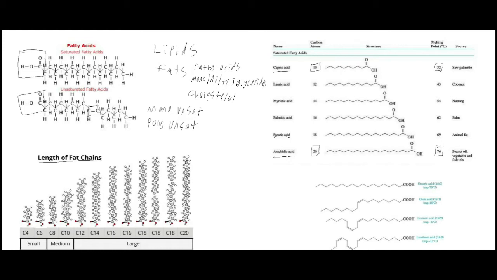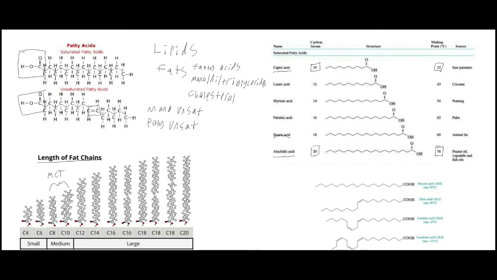When you get down to these medium and small chains, you start seeing that these are liquids at room temperature. If you've ever ordered MCT oil because of the health benefits, that's medium chain triglycerides. So they're triglycerides made out of these medium chain fatty acids. I'll get into triglycerides in a little bit.